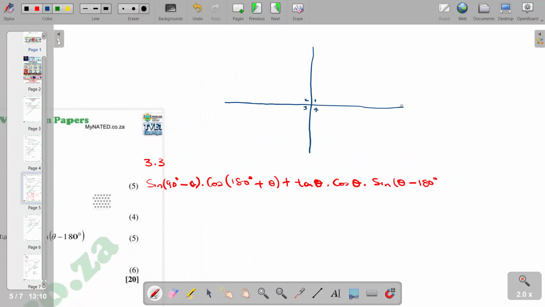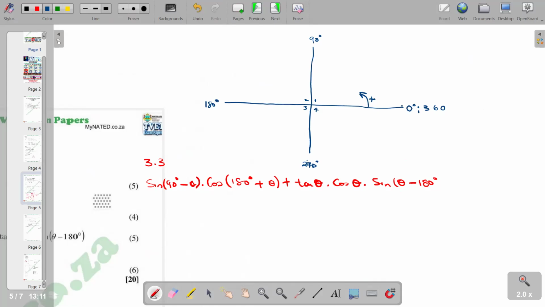From those 4 quadrants, we have to know that this terminal is 0 degrees, and going in an anti-clockwise direction, here it will be 90 degrees, here it will be 180 degrees, coming here it will be 270 degrees, here it will be 360 degrees.